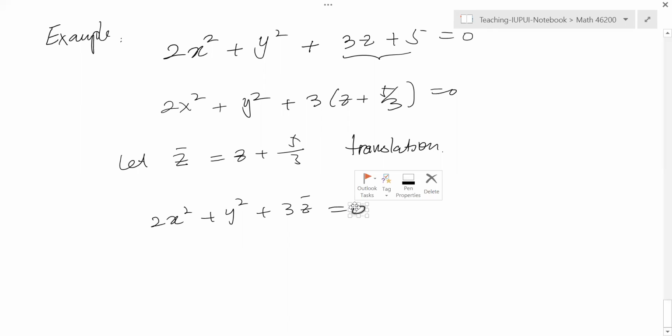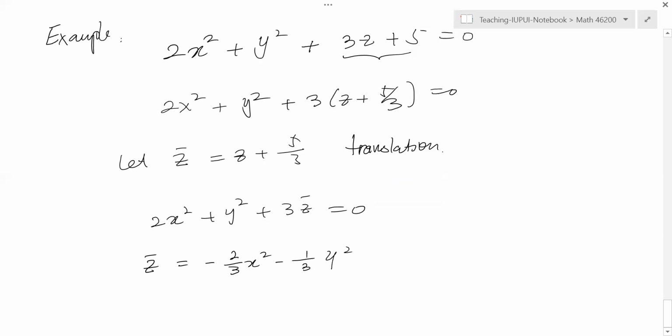That's why we prefer this kind of transformation. And this is the simplest equation you can get. Or you can write it in the form z bar equals negative 2/3 x² minus 1/3 y².